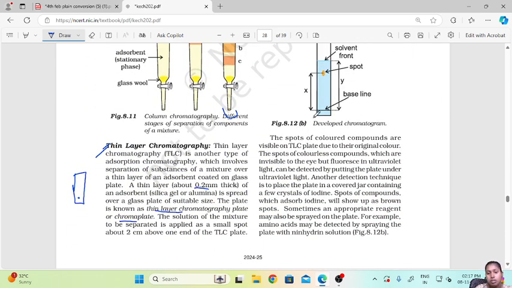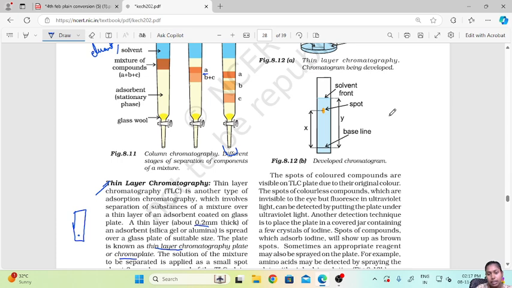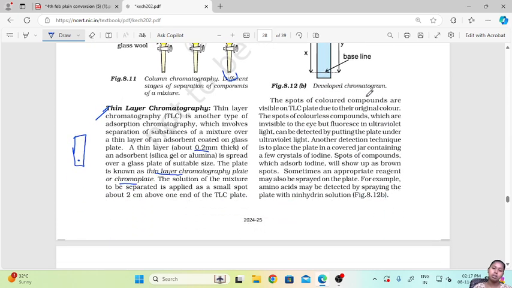Now the spots of colored compounds are visible on the TLC plate due to their original color. If you are adding any colored compound, then you can observe them directly with their original color. But if the spots are colorless and you cannot see them using your naked eyes, then you can make them visible by applying a fluorescence in ultraviolet light.